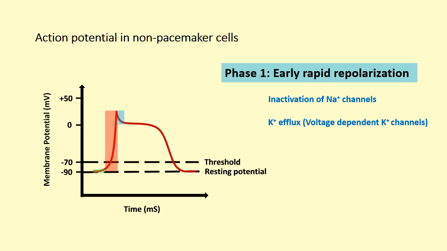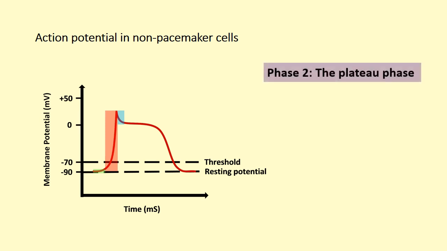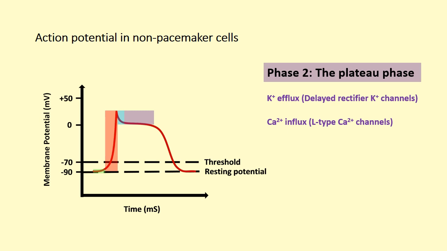The cell membrane potential becomes temporarily and rapidly negative and reaches almost 0 millivolts. In phase 2 or the plateau phase, potassium ions leave the cell through delayed rectifier potassium channels, while calcium ions enter the cell through L-type calcium channels that were activated in phase 0.